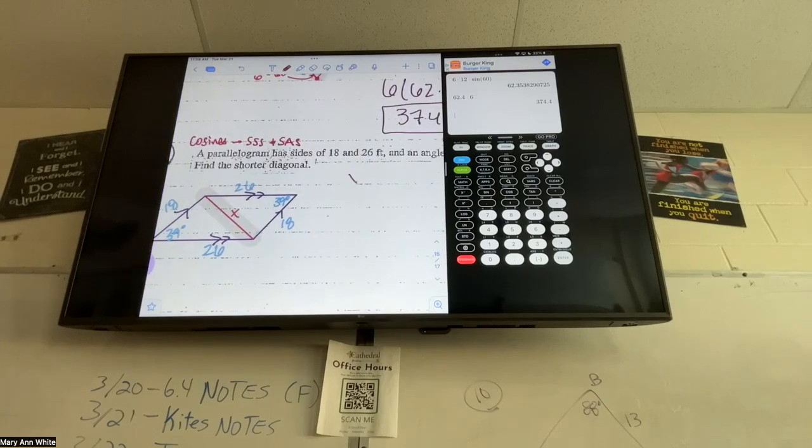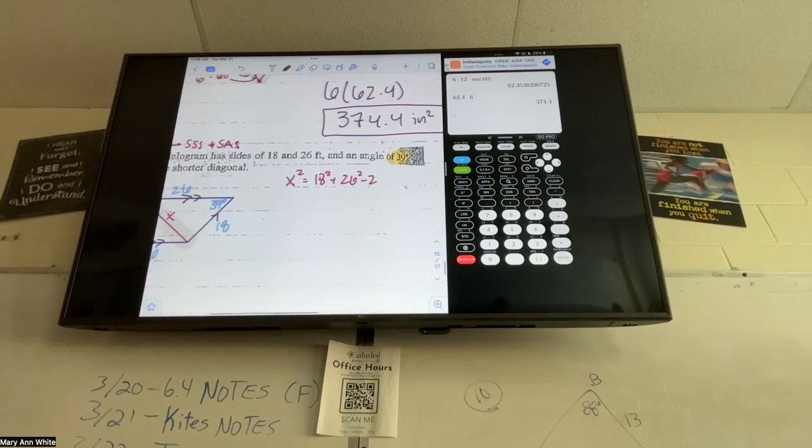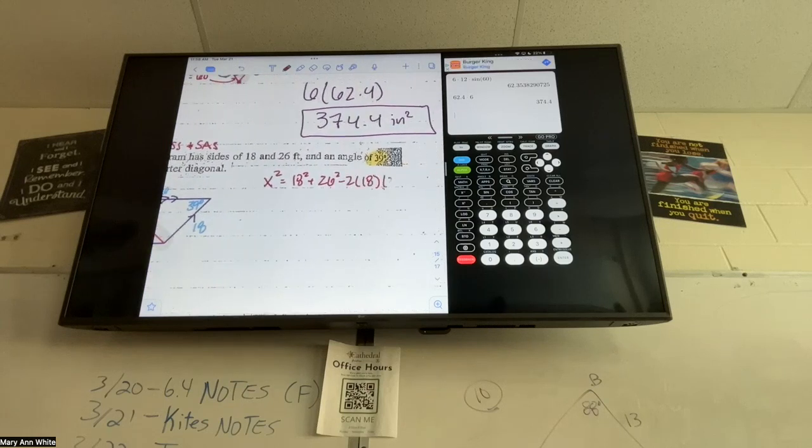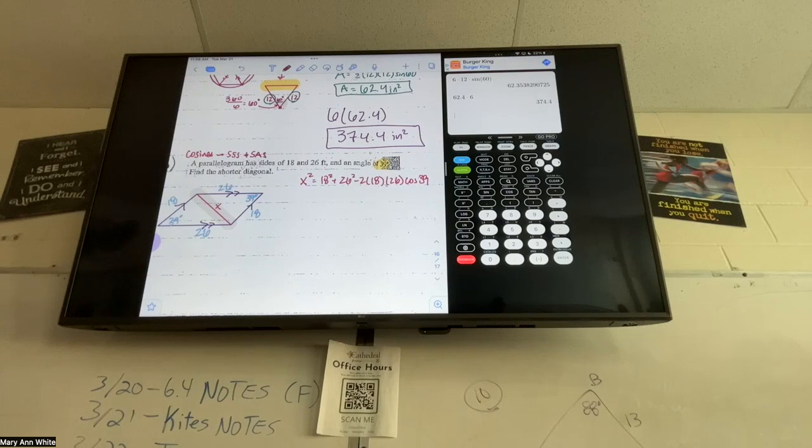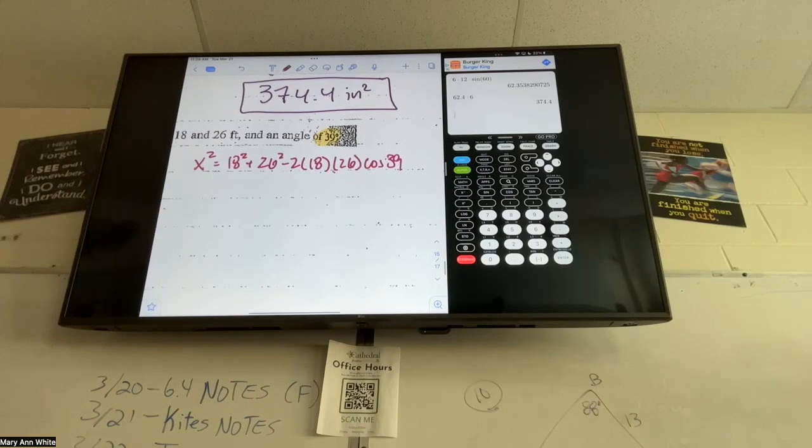So I'm going to say x squared equals 18 squared plus 26 squared minus 2 times 18 times 26 times cosine of 39. And this is actually one of the easier ones because I can almost just plug everything in on the right side into the calculator and go from there. Now, I have PTSD of having an old calculator, so I'm super careful and I'm going to do every step out. But I think you could literally put all of that in as long as you have the right parentheses and right pluses, minuses, all that fun stuff.